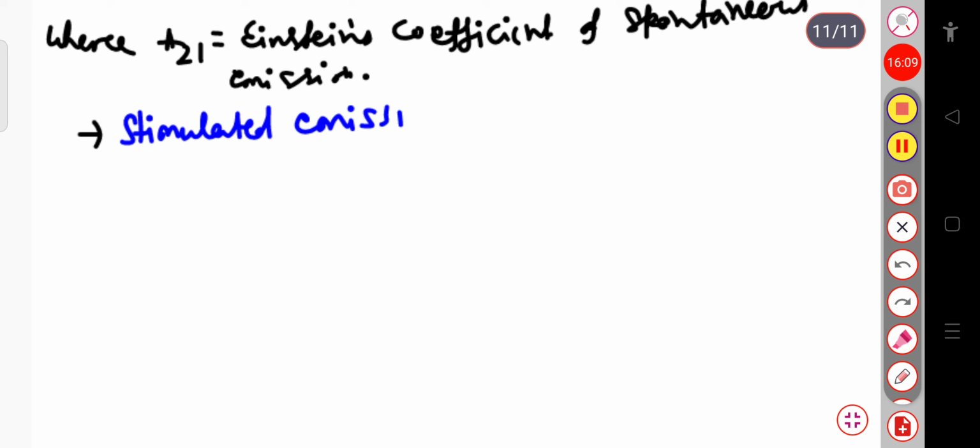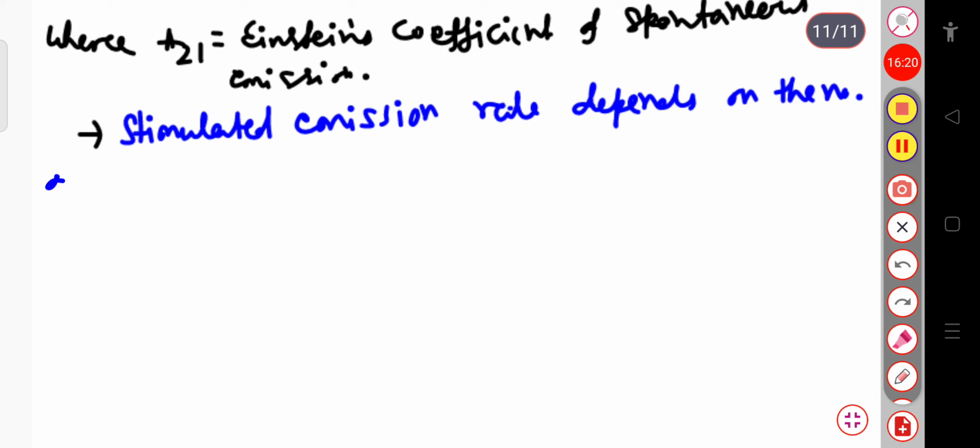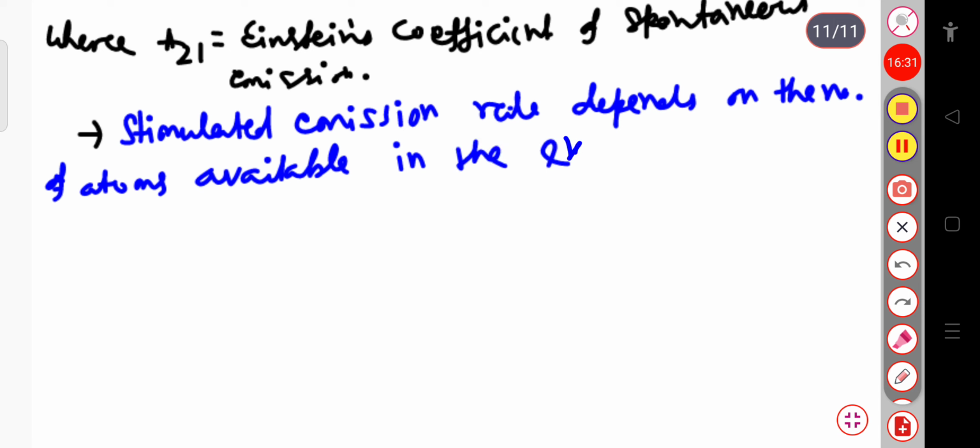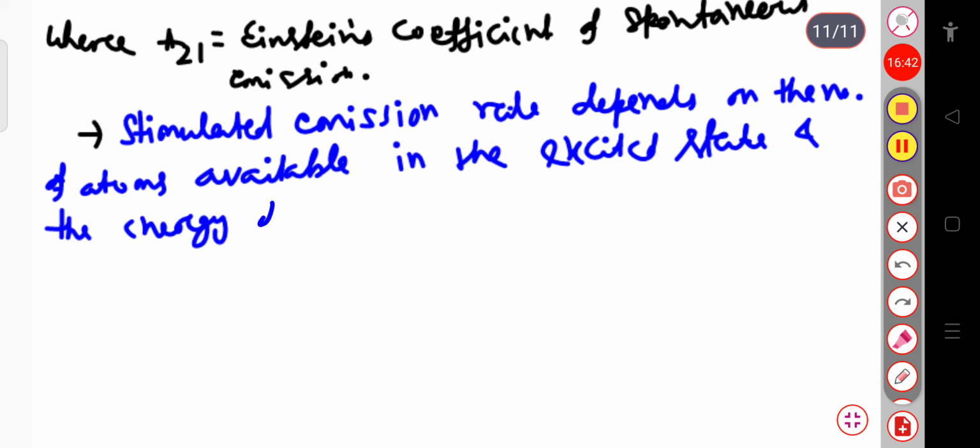It depends on the number of atoms available in the excited state, as well as the energy density of the photon. Since it is the stimulated process, the additional amount of energy you have to give.